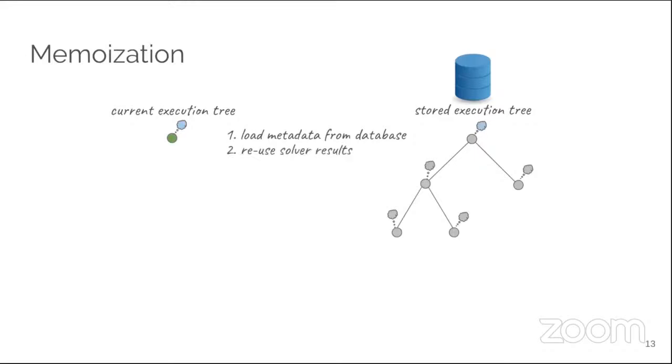So we continue the exploration and reuse the solver results. When the execution branches, we read the metadata for the child nodes from the database and free the metadata for the parent node. That way we ensure that our approach has a very low memory overhead in comparison to normal symbolic execution.